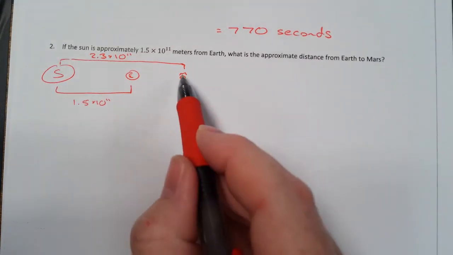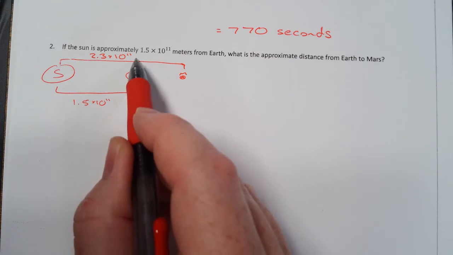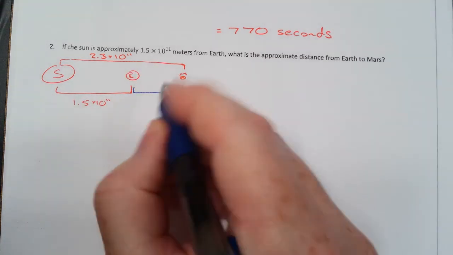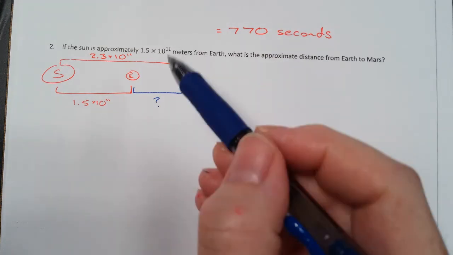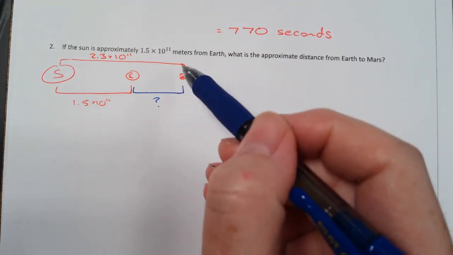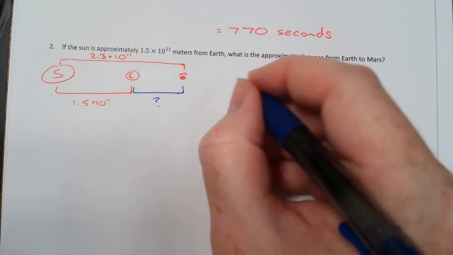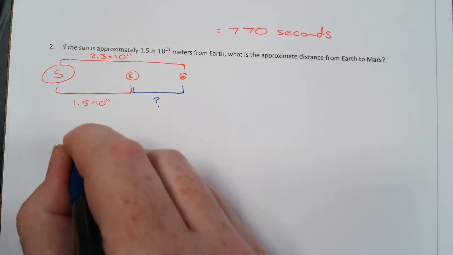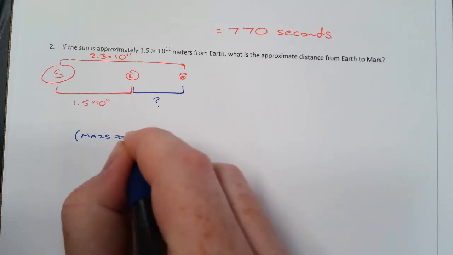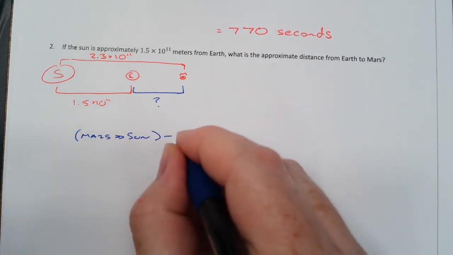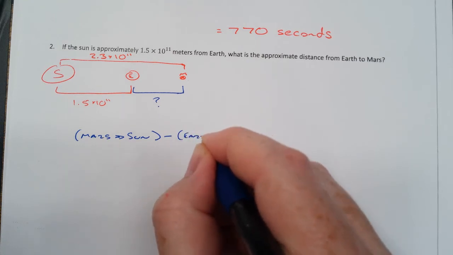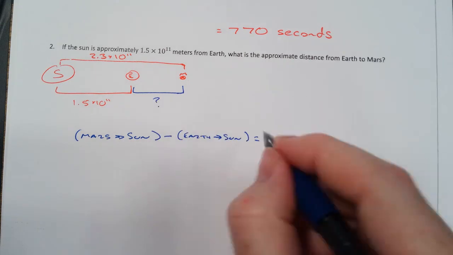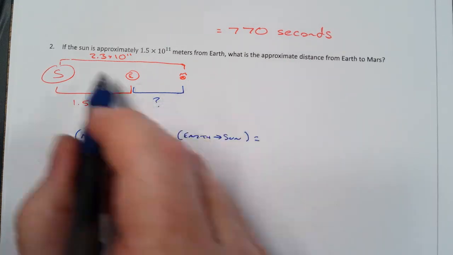So we use the information in number 1. So the sun to Mars is that far. The sun to Earth is that far. We want to find this. So you should see how to find this. If we do Mars to the sun, and we subtract Earth to the sun, we should get the missing piece.